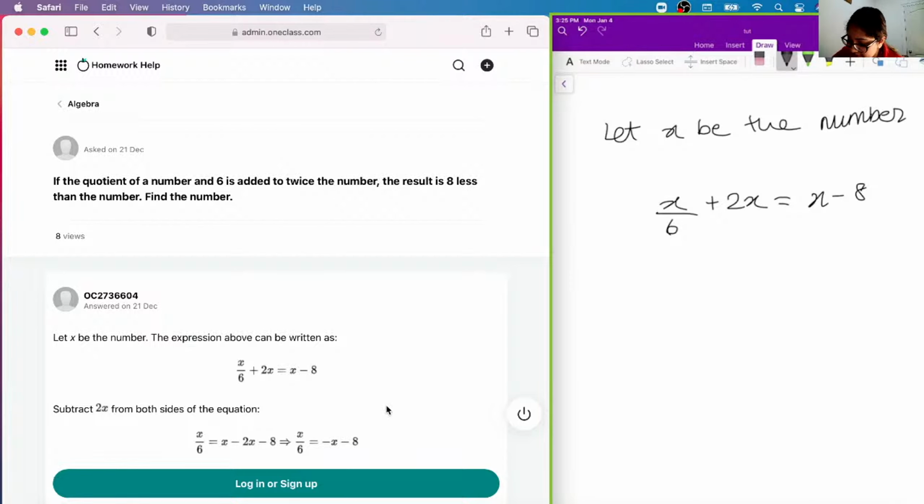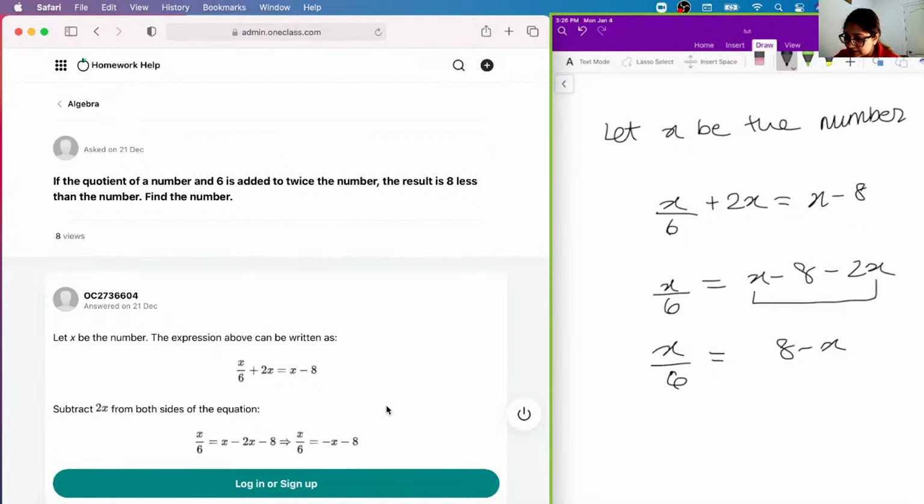So x over 6 is equal to x minus 8 minus 2x, right? And now we can further simplify this, and we get negative 8 minus x.